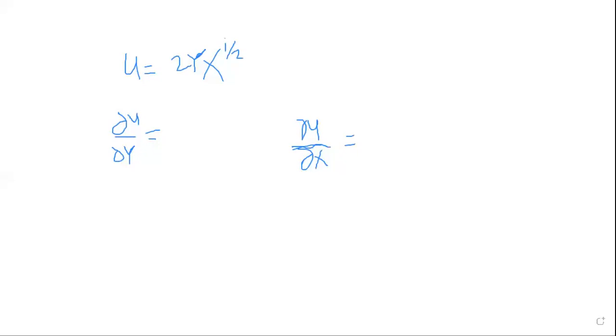X to the power minus half. No, I don't think so. You are differentiating with respect to y. If you are differentiating with respect to y, assume that all other variables are constant. So it's not right. Let me see some other hands that are up.